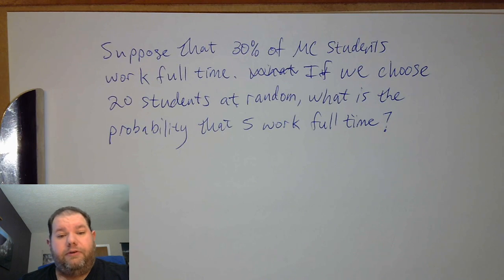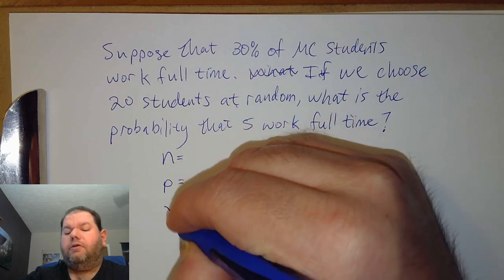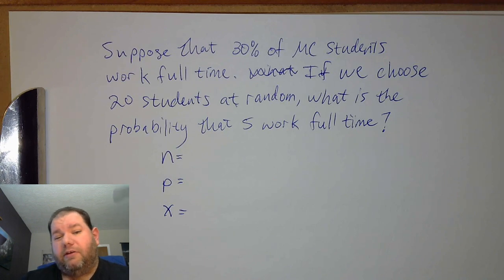First thing that we want to do is identify our values. There's 3 in particular that we look for: N, P, and X. N is the number of trials.